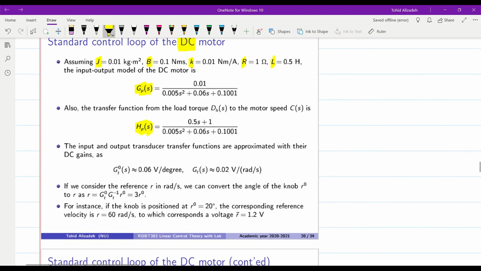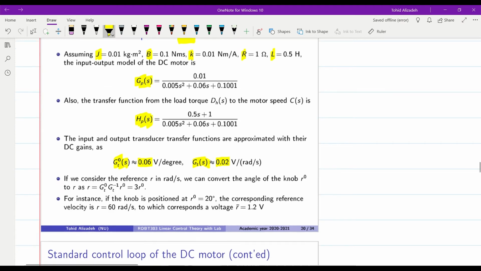The input and output transducer transfer functions could be approximated with their DC gain. For GT0 we will have 0.06 volt per degree, and for GT of S we will have 0.02 volt per radian per second.